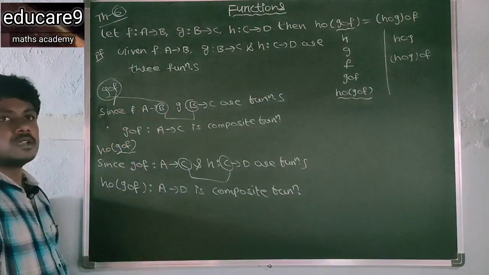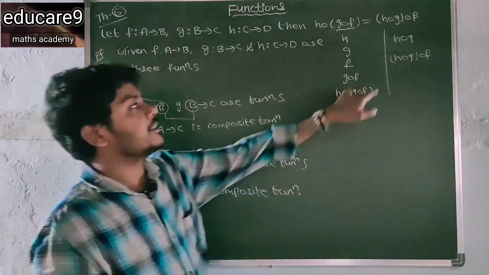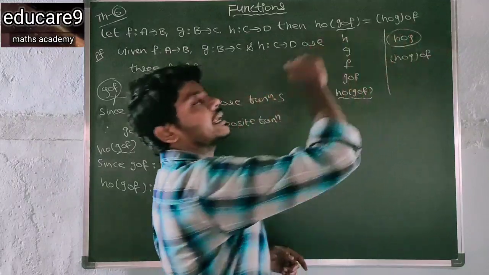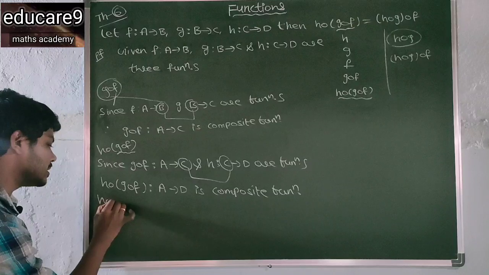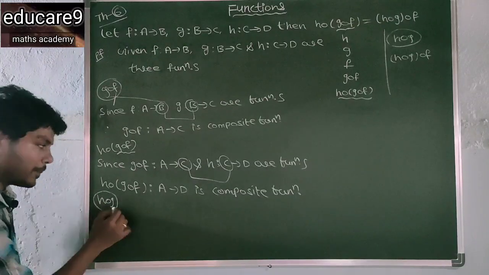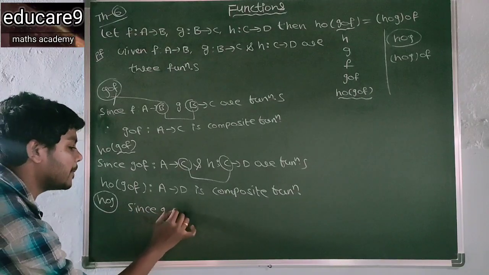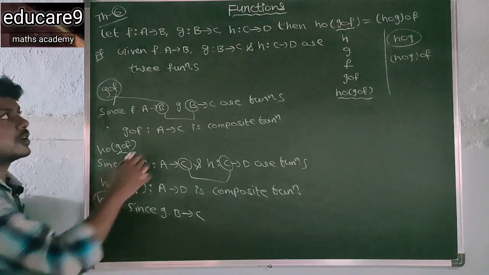So these are all the left side mappings, and now the right side mappings. First we want to write H circle G mapping. See here, write H circle G mapping. First write G mapping. Since G from B to C, and write H mapping. What is H mapping?